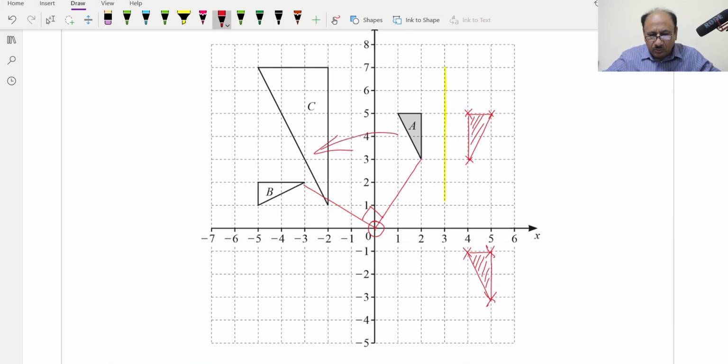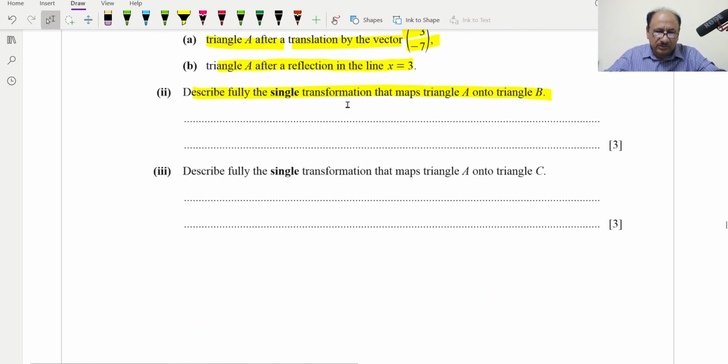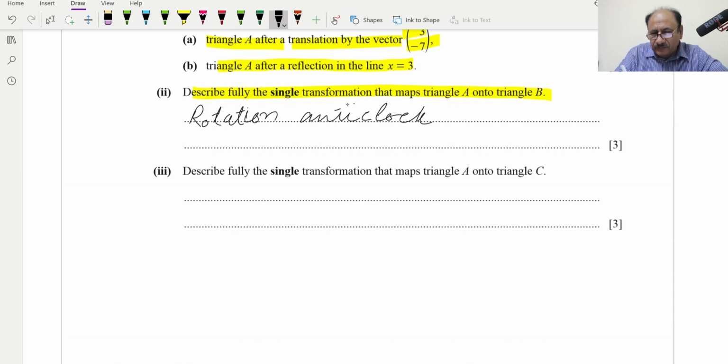So our answer would be rotation anti-clockwise, 90 degrees about the origin (0, 0).